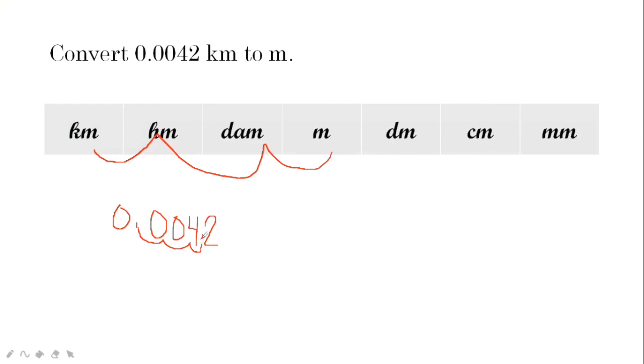So, ang point na nun is nandito. So, syempre, matatanggal na nun ang mga 0. Hindi na natin kailangang pag-isulat yun. So, that is 4.2 meters. So, ang 0.0042 kilometer is equal to 4.2 meter. Okay, so ganon siya. Ganon kung paano mag-convert ng metric to metric.